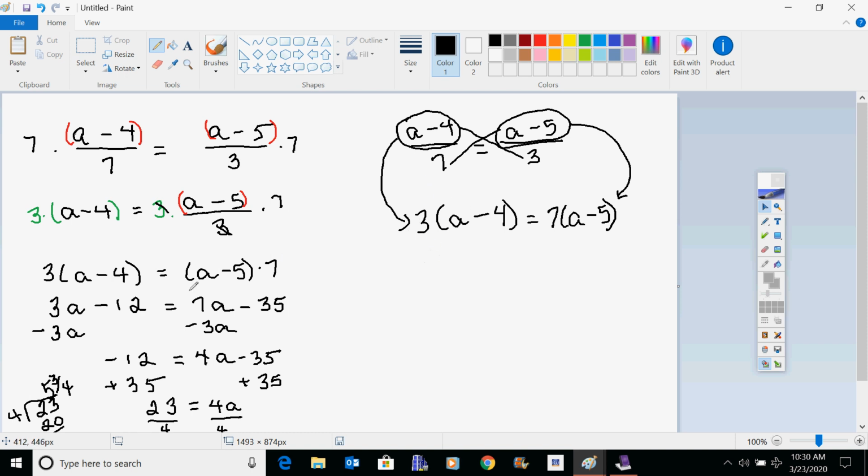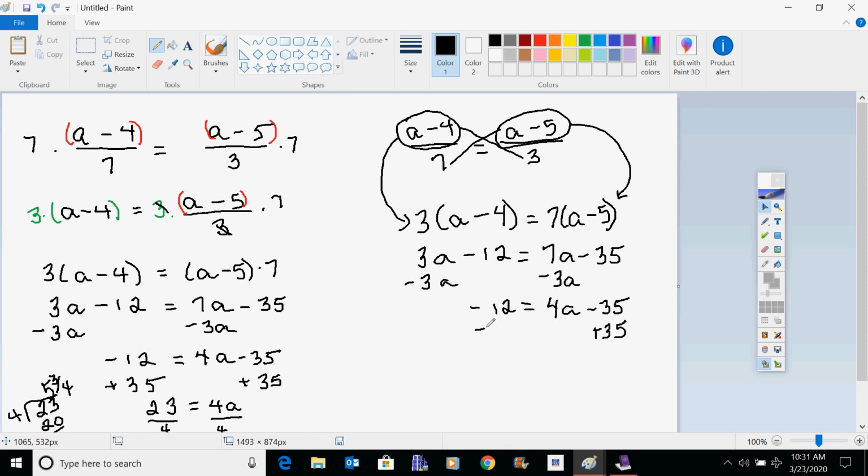From after here, you do the same steps as down here. 3a minus 12 equals 7a minus 35. Taking away 3a from both sides. Once again, I'm running through all these steps again just because some people need to see them over and over again, and that is exactly where you need to be, is doing things over and over until you're good at it.